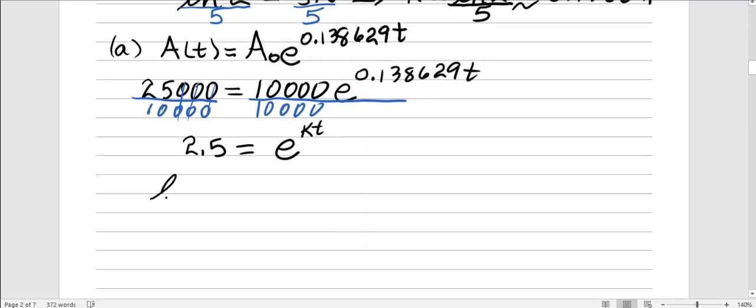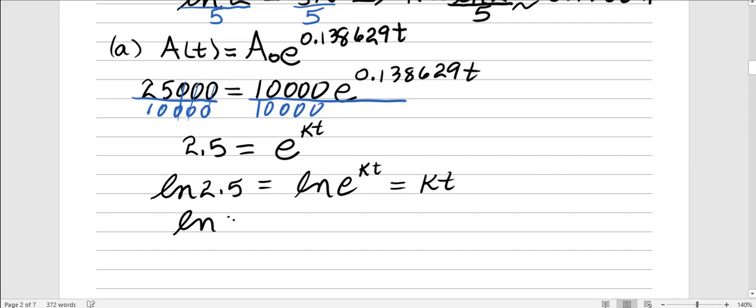And now to solve for time, I'm going to apply the natural log to both sides. The natural log of e to the kt is the exponent I apply to e. The base of this log is an unwritten e to get e to the kt. So the exponent I apply to e to get e to the kt is kt.